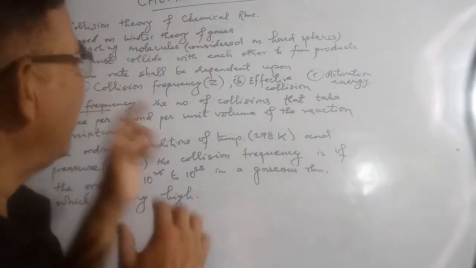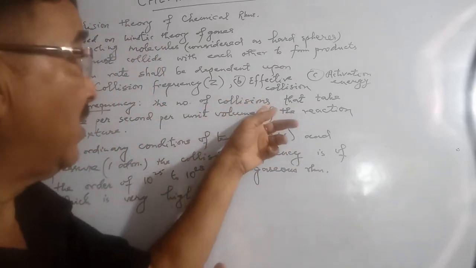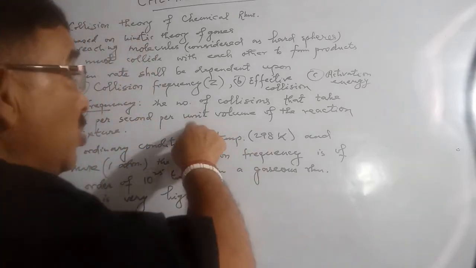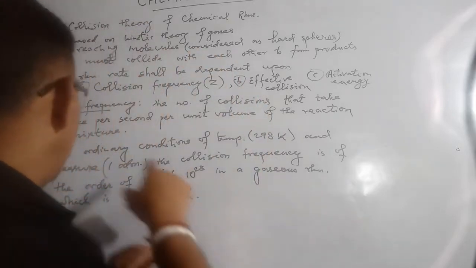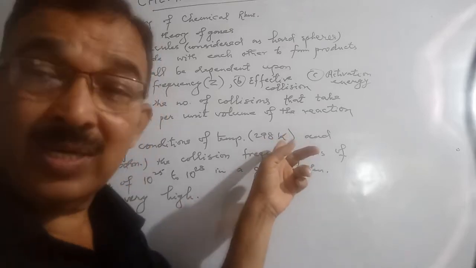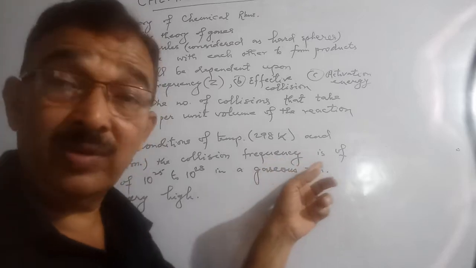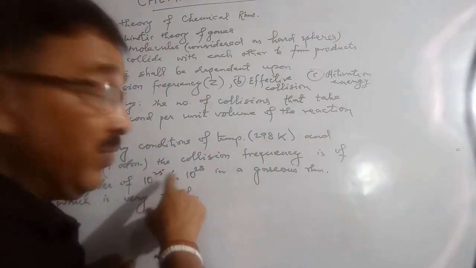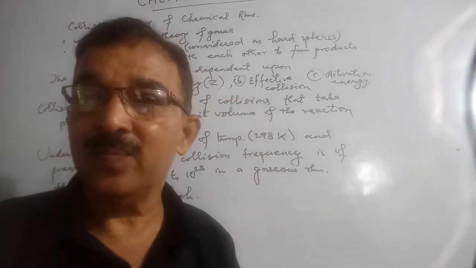Now, what is collision frequency? It is the number of collisions that take place per second per unit volume of the reaction mixture. Under ordinary conditions of temperature, which is 298 Kelvin, and pressure, which is 1 atmosphere, the collision frequency is of the order 10 to the power 25 to 10 to the power 28 in a gaseous reaction, which is very high.